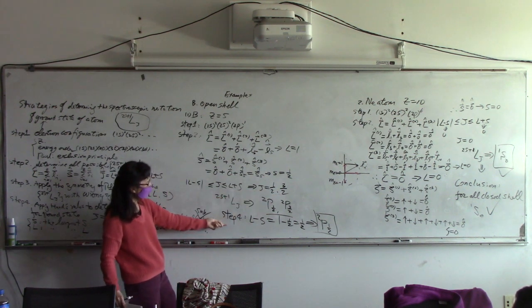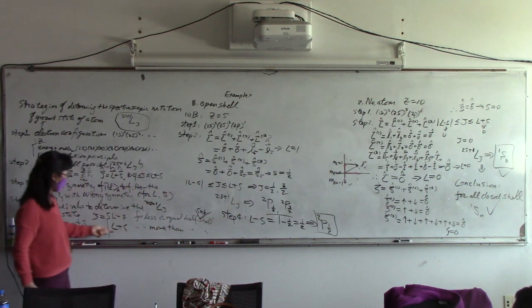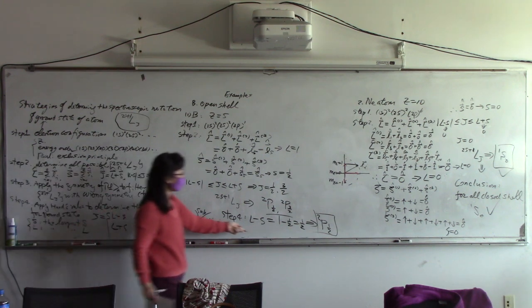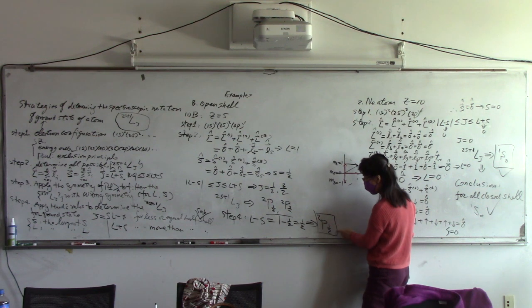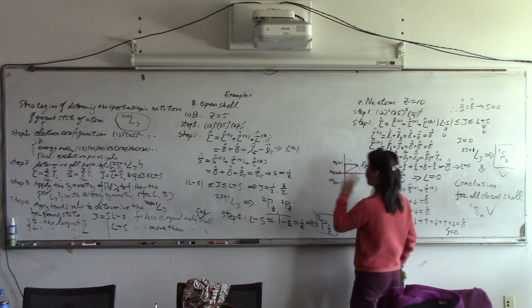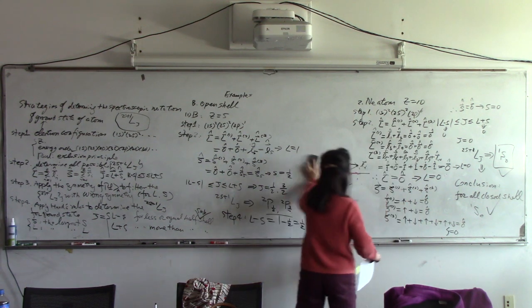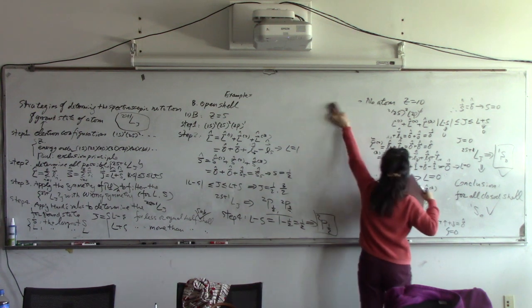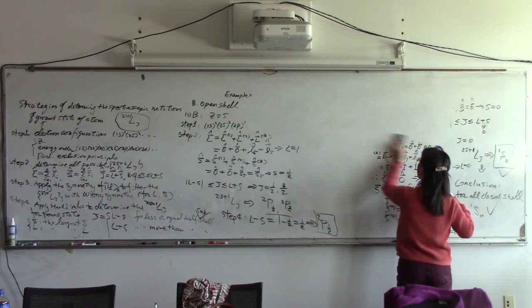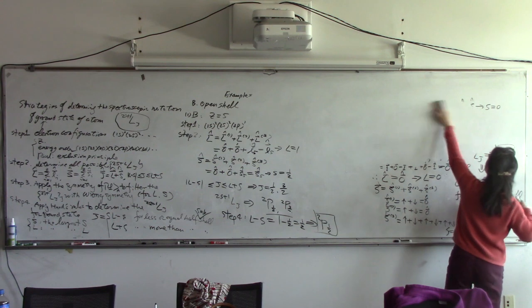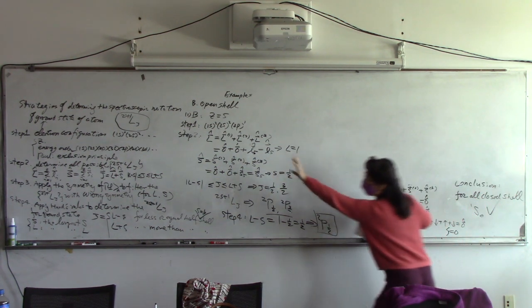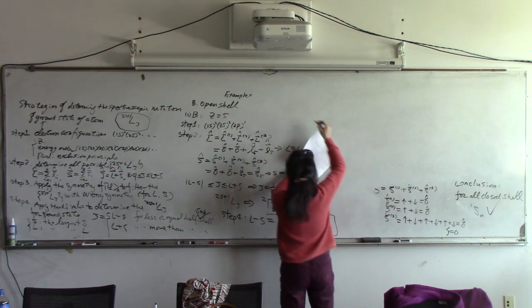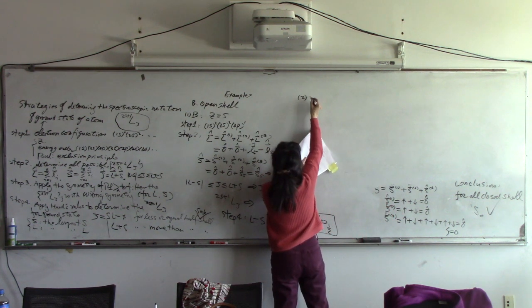Then apply the third Hund's rule to determine which one, among these two, is L minus S. Now, if we go to carbon, you will see it is more complicated, since we have 2 electrons in the open shell, so we will apply all these 4 steps to carbon.